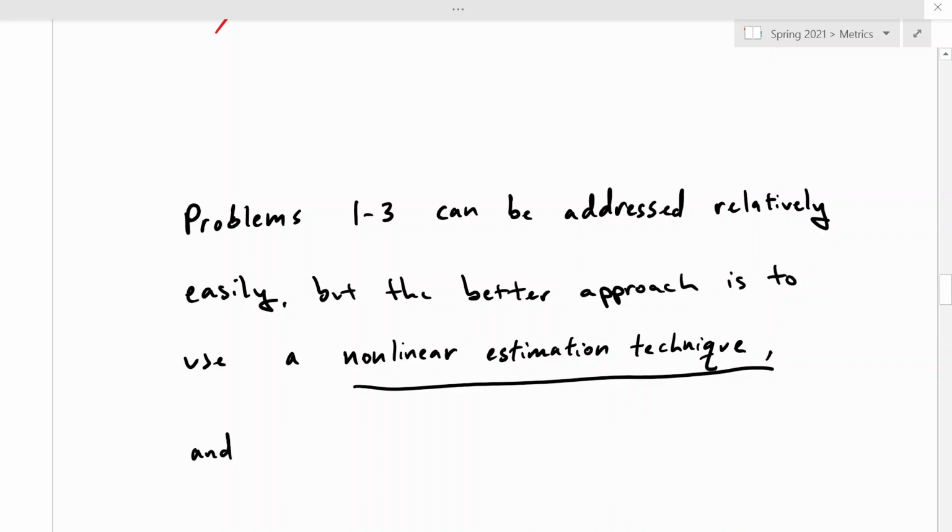And this will solve the unboundedness problem.